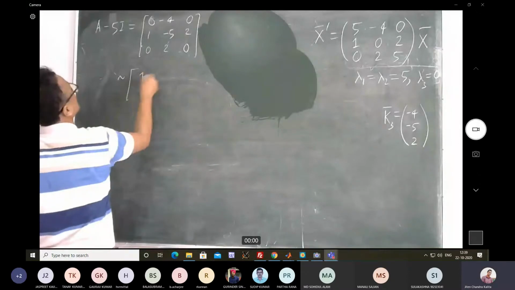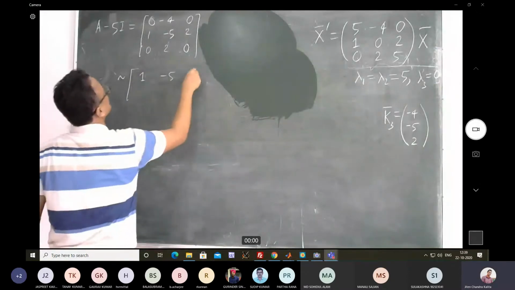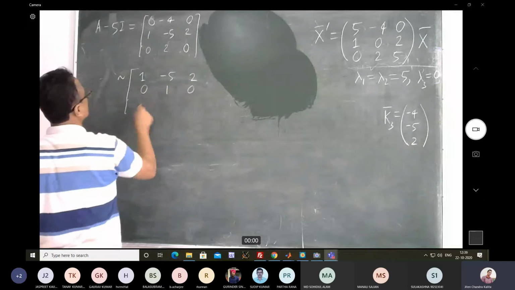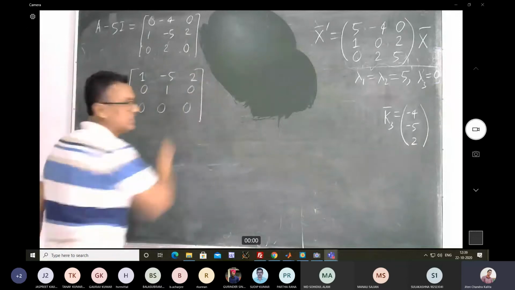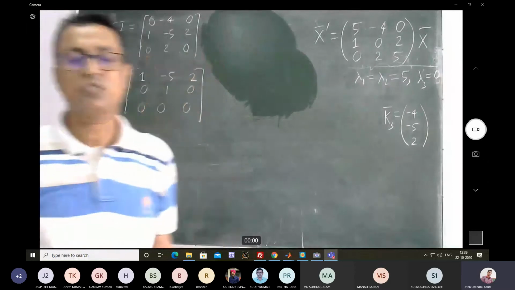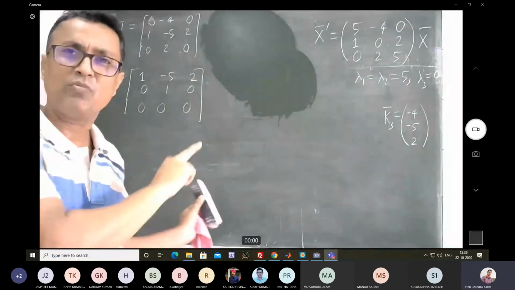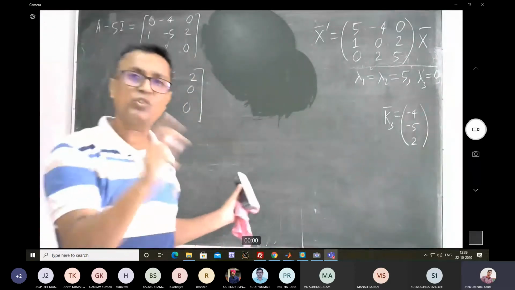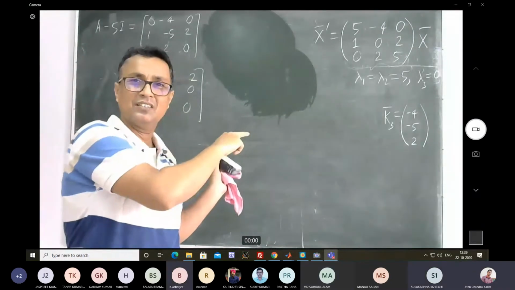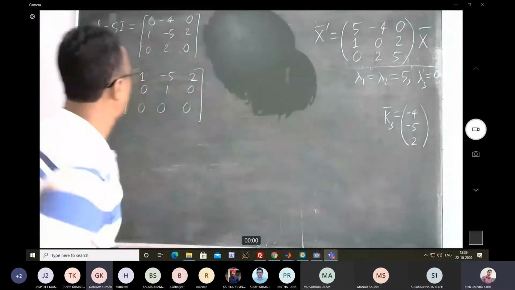Is it okay? Right? So eventually I can transform it into this, then 0 1 0 0 0 0. Is it okay with everybody? Because I am skipping many of the row transformations. Are you comfortable with what I have done? Yes, sir.